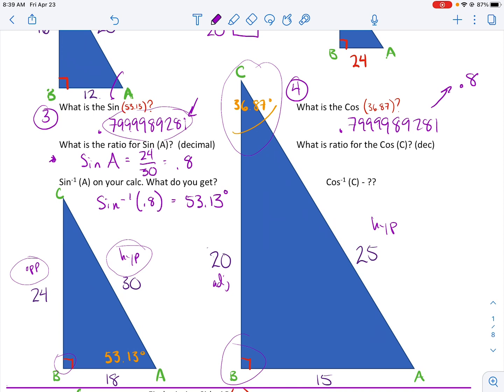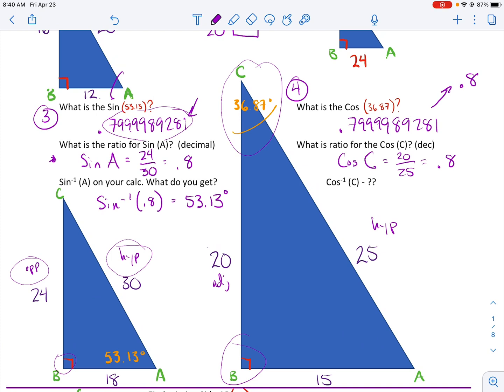Let's take a look at the cosine, the ratio created by these two sides, 20 over 25. So the cosine of C is equal to 20 over 25, which, typed in your calculator, is 0.8.